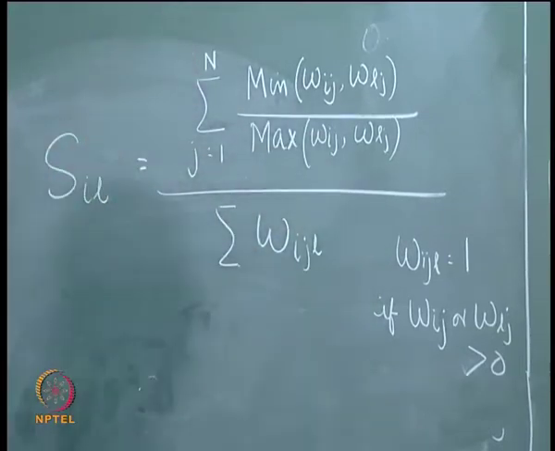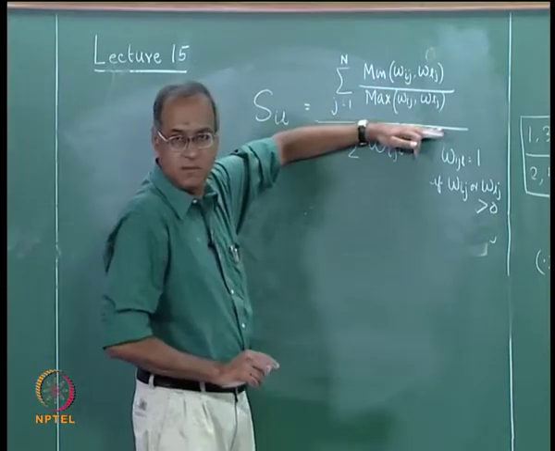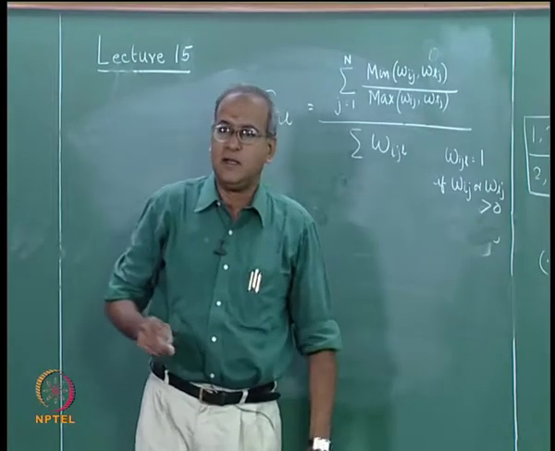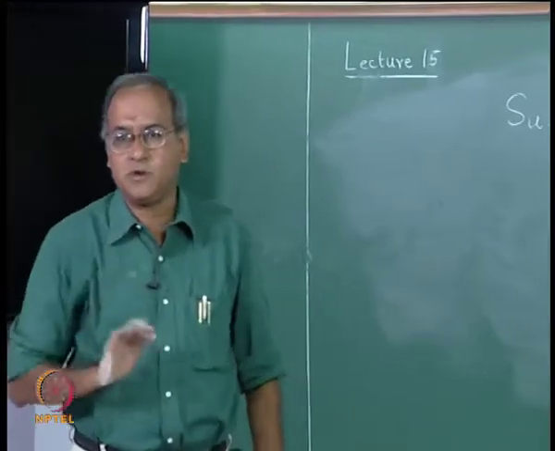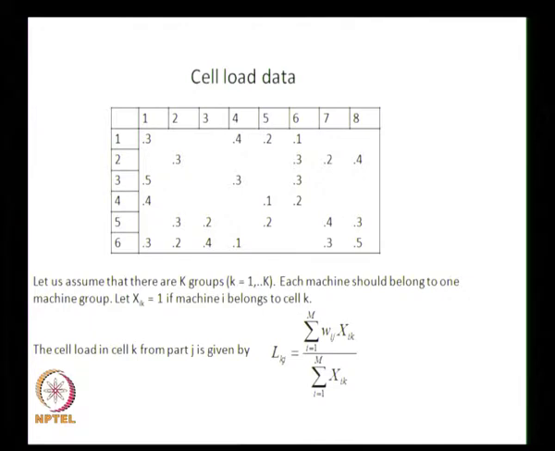If we see carefully, only the common parts will contribute to the numerator of this fraction, because when a part visits only one of these, the minimum will be 0 and therefore it will not contribute to the numerator. Only common parts that visit both will contribute to the numerator. So the only common part is 6. So the loads are 0.1 and 0.3.